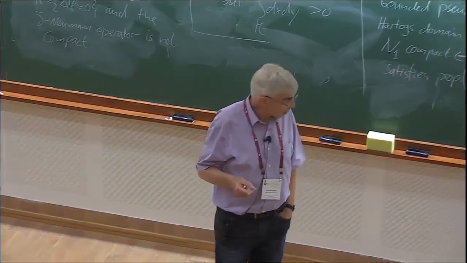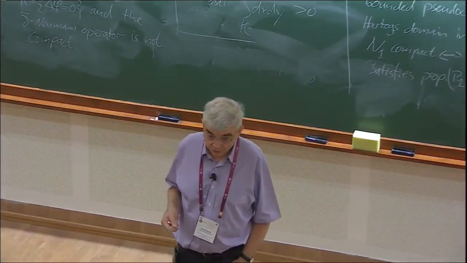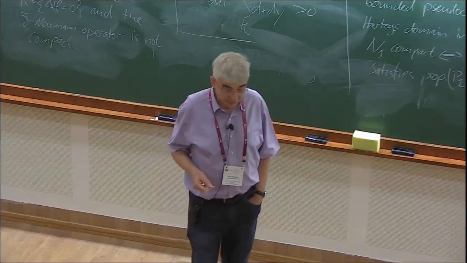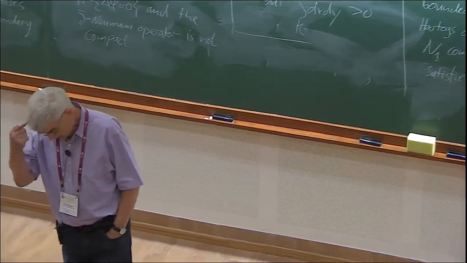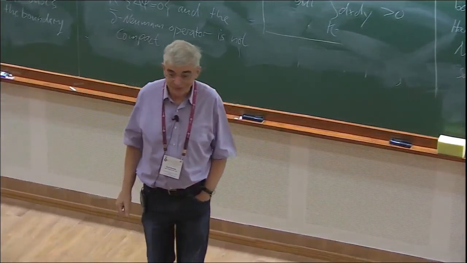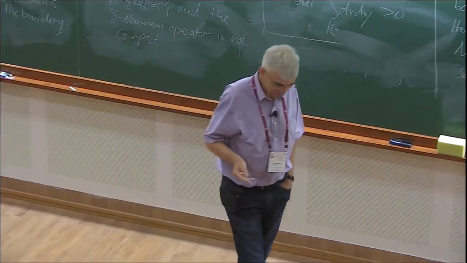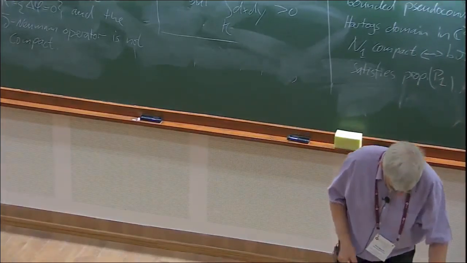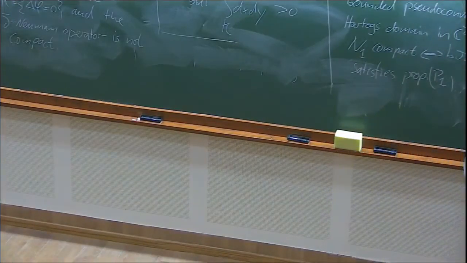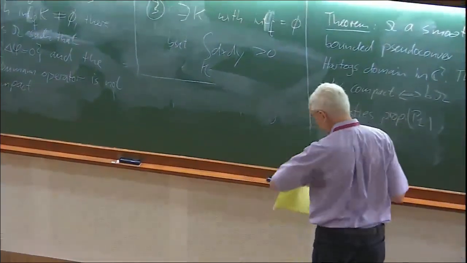It is true in C2, and it is true in higher dimensions under an assumption which is sort of clear that it shouldn't be there, but the proof requires it. So I want to discuss this. I'm going to start with part 5.